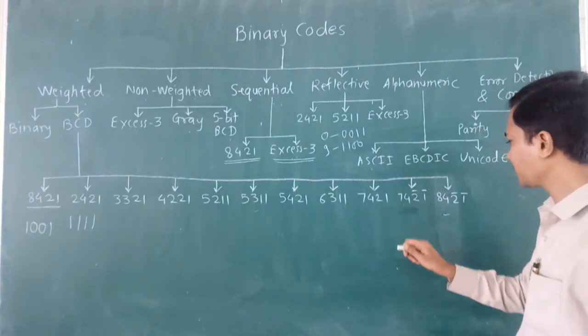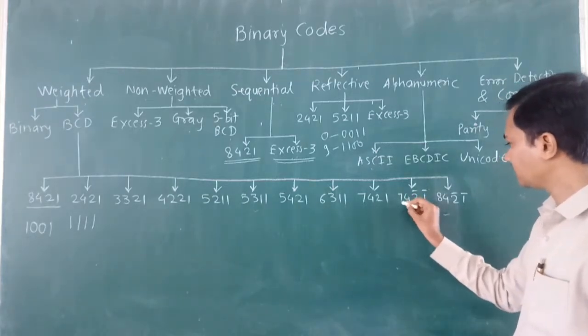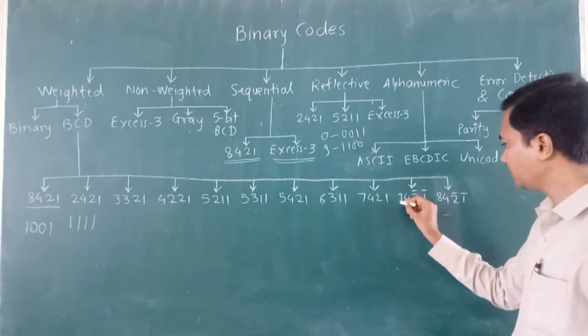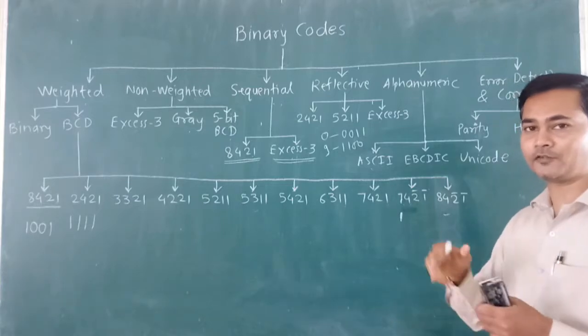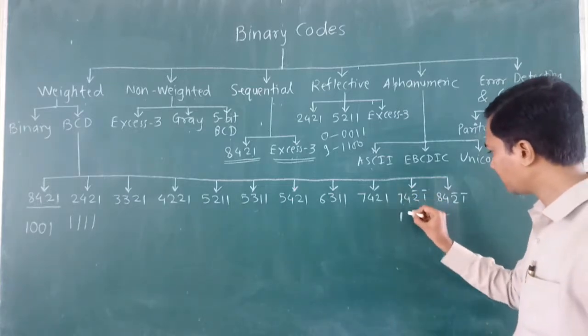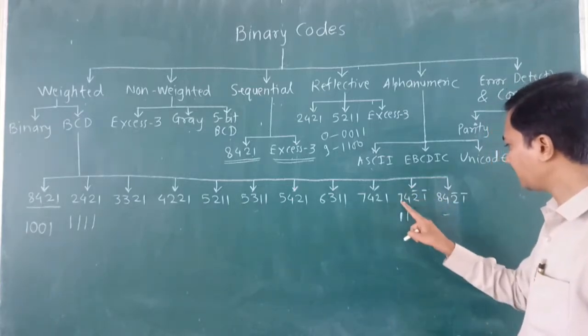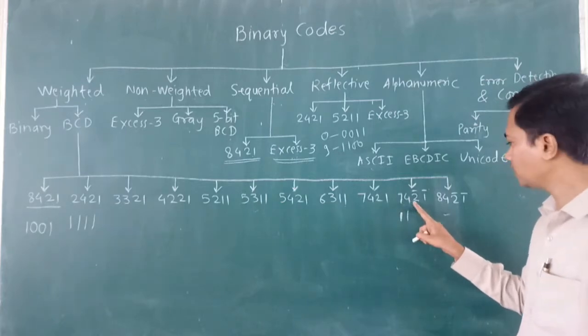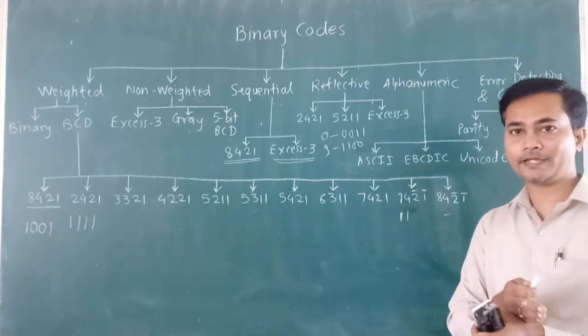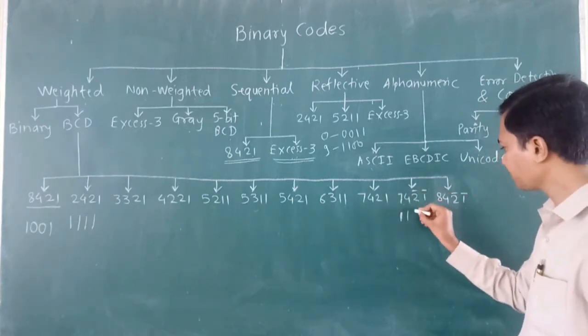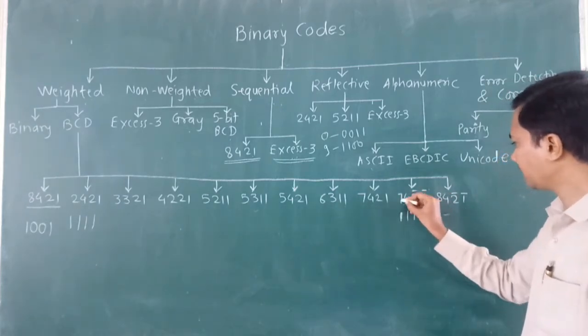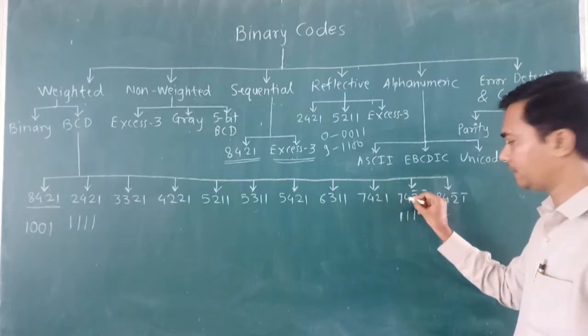We want 7, but using this single 7 we cannot form the value 9, so we have to take 4 also. Now addition of 7 plus 4 is 11. So we have to subtract to get value 9. That means subtract 2. 7 plus 4 is 11, 11 minus 2.